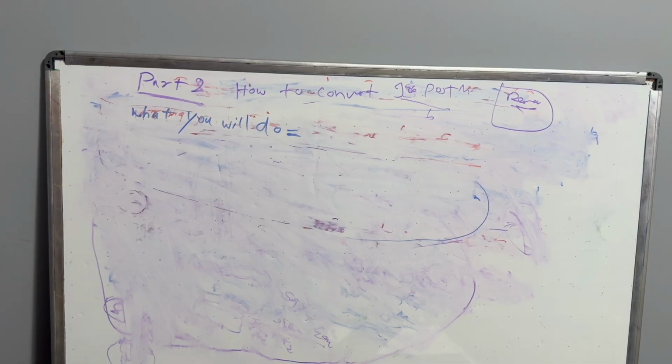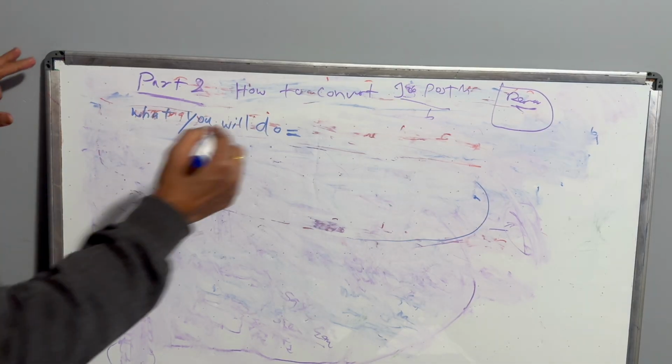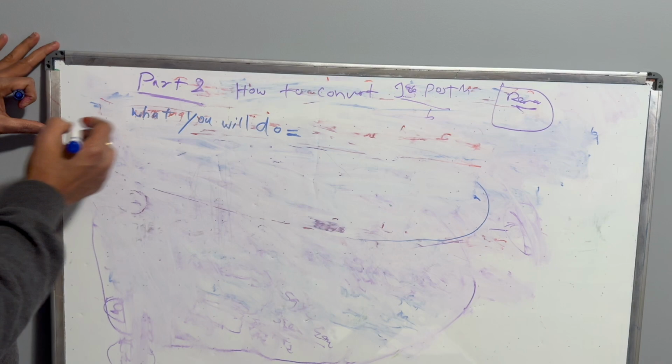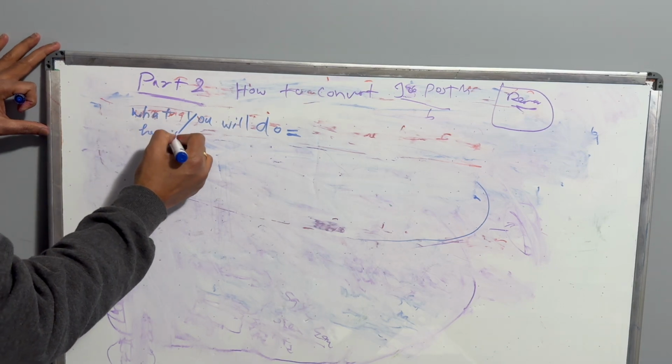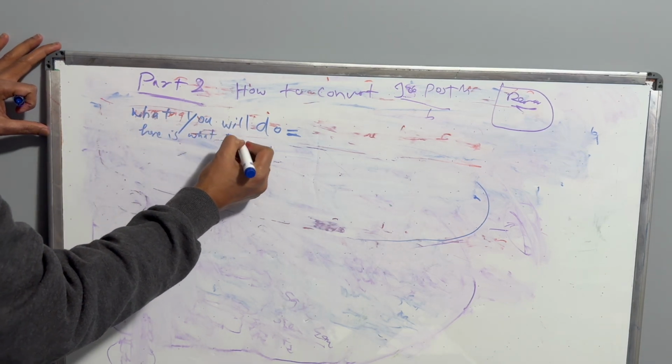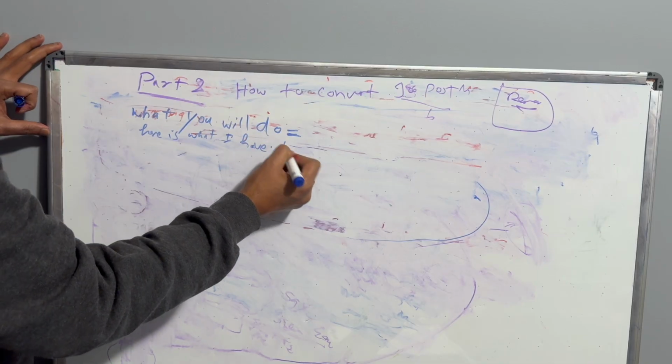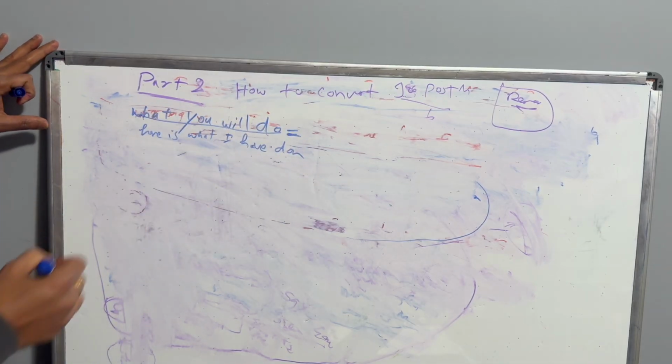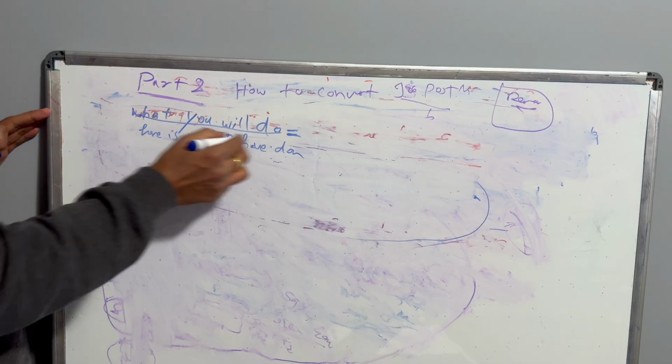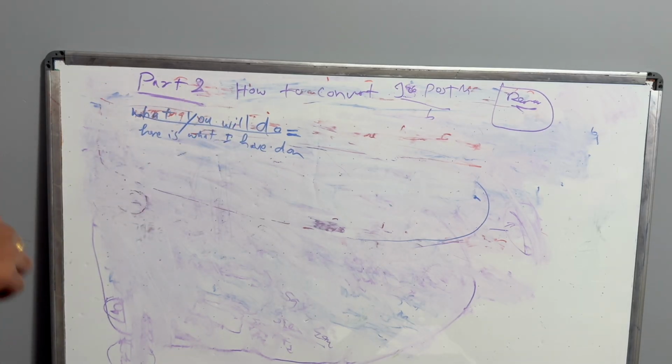This is what they say. So now you can tell, here is what I have done. Job description says what you will do. You can say, here is what I have done. You have just converted responsibilities into proof-based statements.